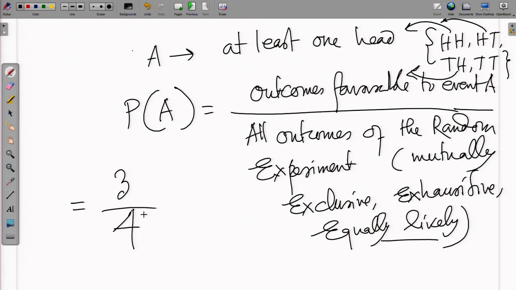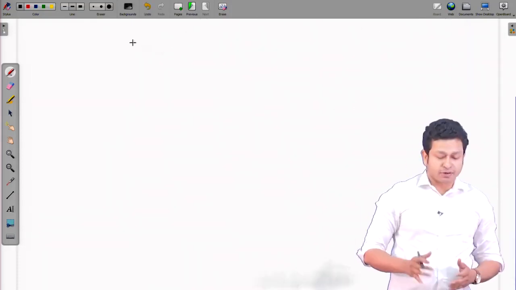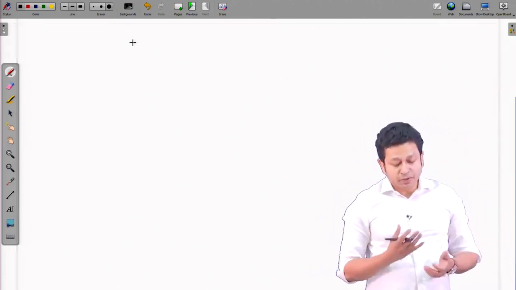So, that is how we define classical probability, and note that you do not even have to run the experiment. You have in your mind what the different outcomes are that you can possibly get, and from that knowledge you can get this probability 3/4, right. Now, let us do a couple of examples to understand how we really do not need to get the data from real life to compute the classical probability.